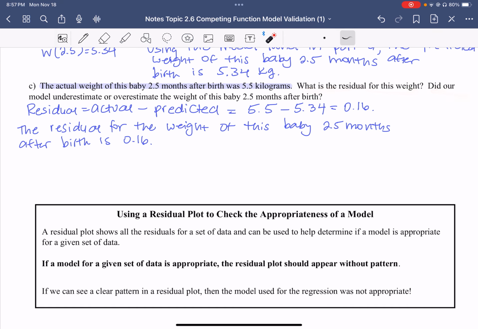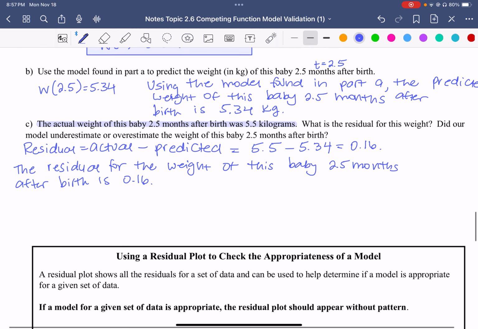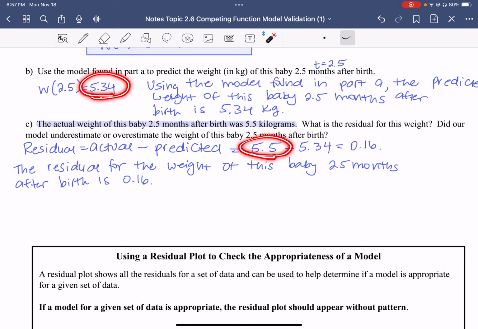The follow-up question says, did the model underestimate or overestimate? I see that the predicted weight was 5.34, the actual weight was 5.5, and the actual weight was larger.